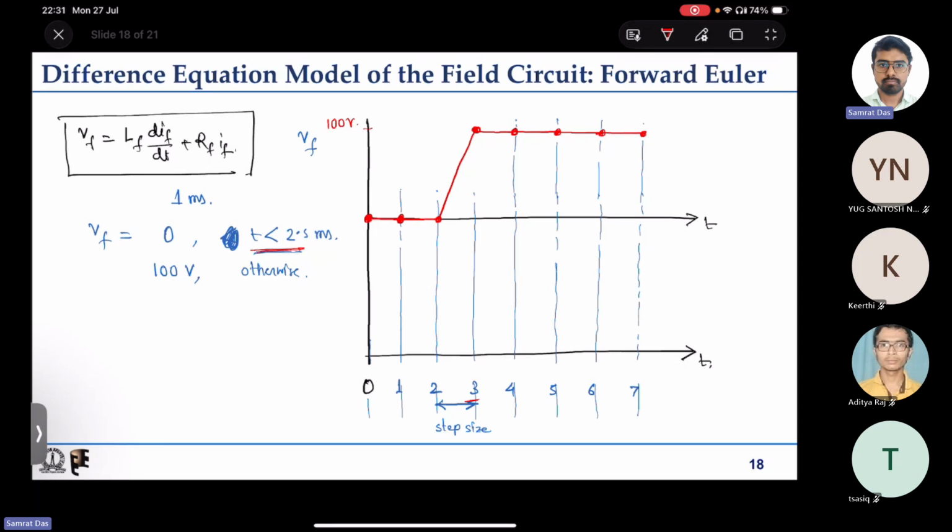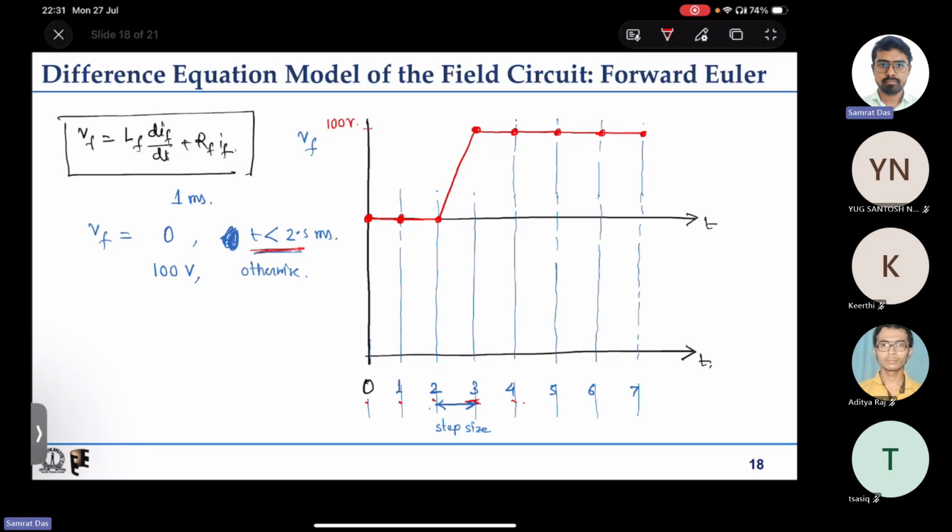If you zoom in, the plot will look like this, but actually the simulation is being done only at these instances, like 0, 1, 2, 3, 4, 5, 6 milliseconds, depending on whatever step size you have given for your simulation.